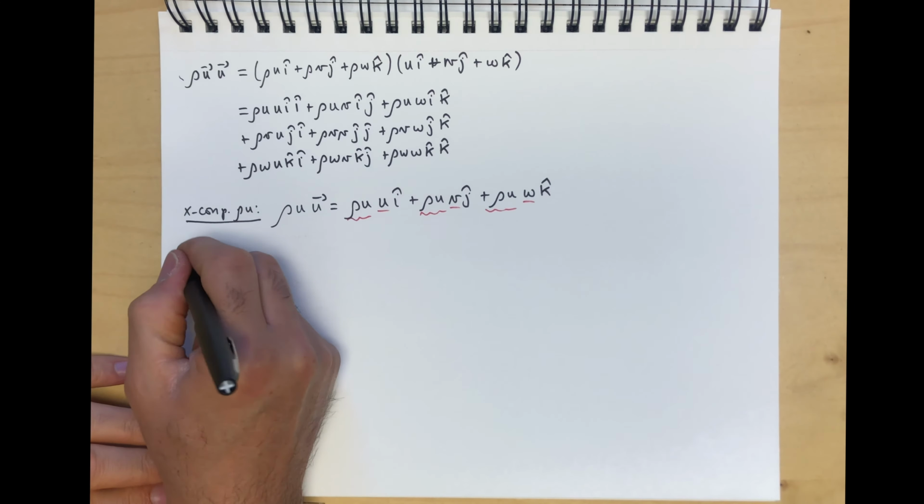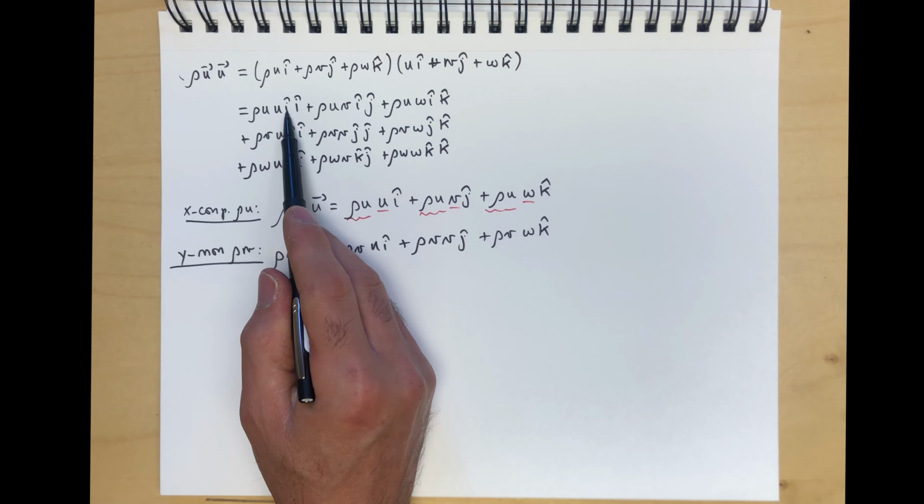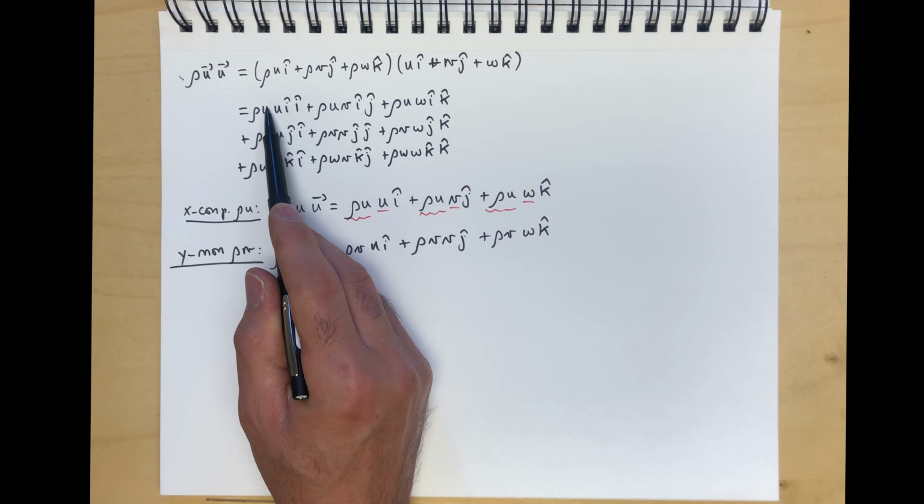Okay, same thing. Y momentum rho v is also being transported by the velocity field, so that gives you rho v u i plus rho v v j plus rho v w k. Now the two indices here, that's what they're telling you. The first index tells you which component of momentum you're transporting.